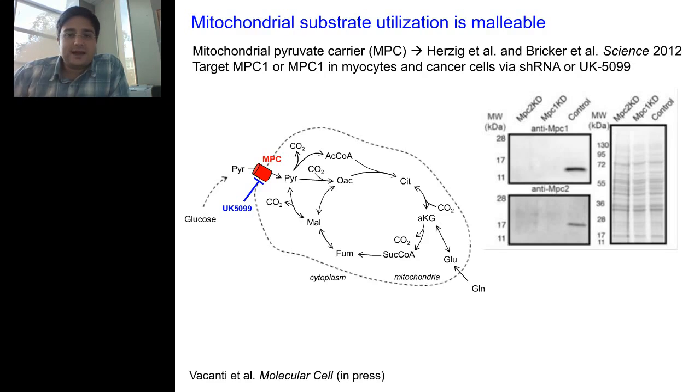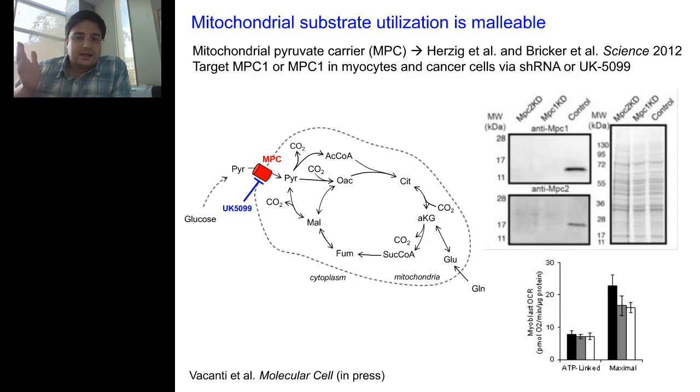If we knock down MPC1 or MPC2, it actually eliminates expression of the other gene product. But surprisingly, we saw little effect on respiration.